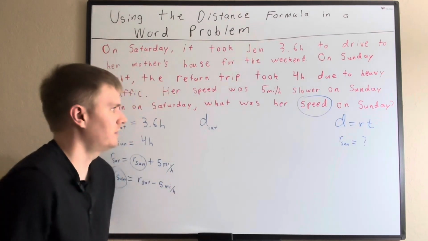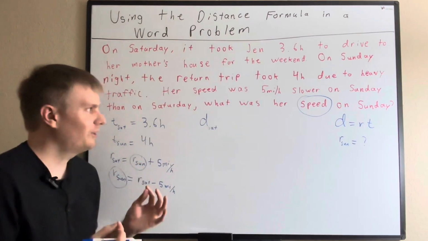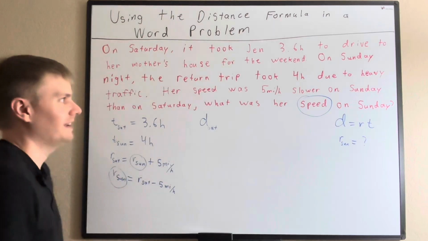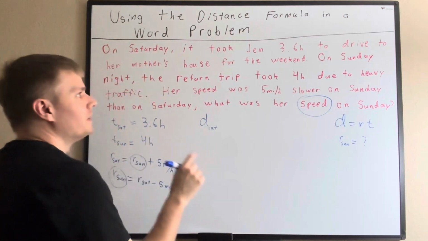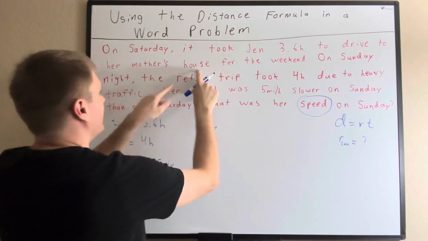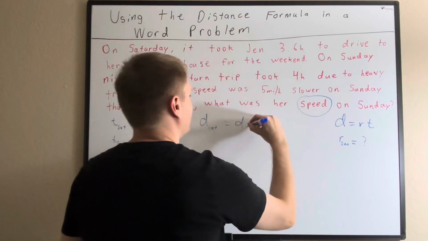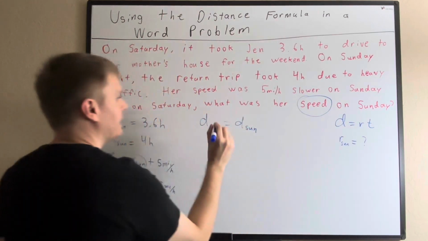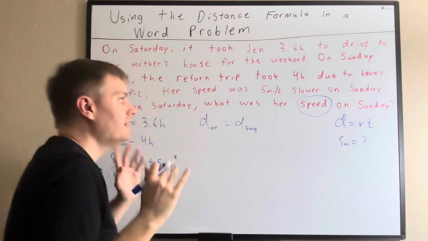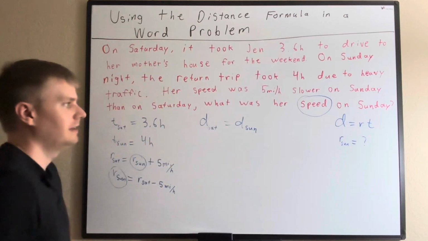We don't know how far she went. Well, don't get discouraged. They're not going to tell you everything. We know she drove to her mother's house, and then she had a return trip. So the distance on Saturday is equal to the distance on Sunday. That is key. We don't know the distance. We don't even care. All we know is that it's equal.